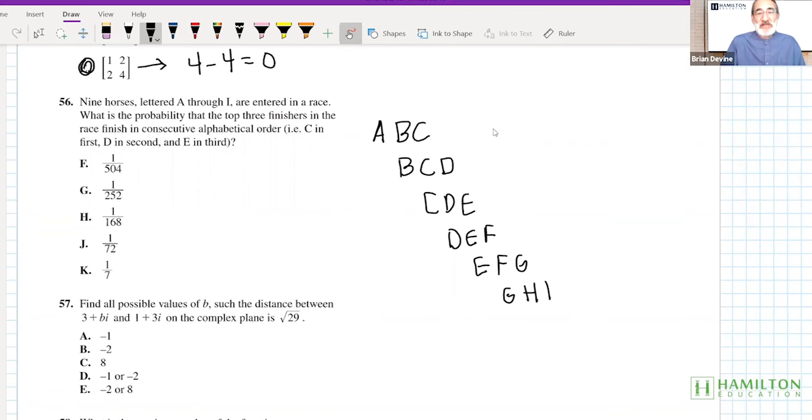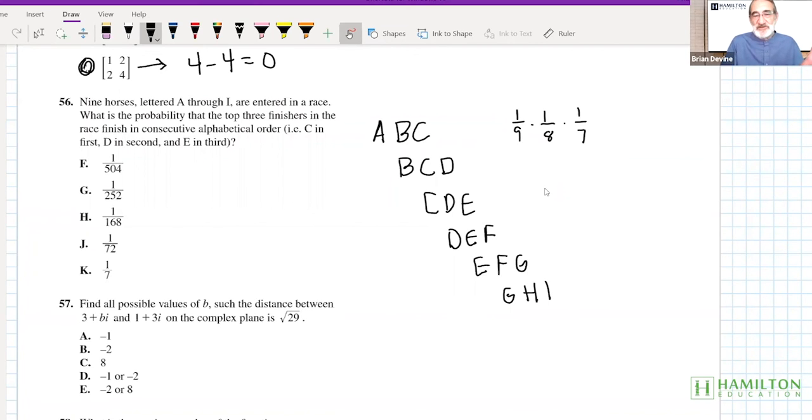Well, the probability for each of these is going to be 1 out of 9 times 1 out of 8 times 1 out of 7, because there's 9 letters, and there's only one way that you could come in A, then B, then C. As soon as A crosses, there's 8 left.